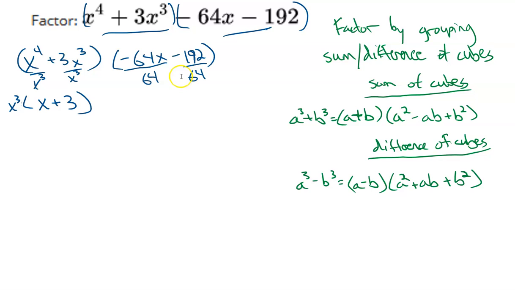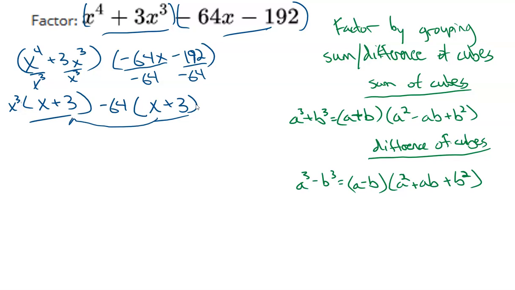But you have to notice, if I want a positive x and a positive 3, I need to divide by negative 64. So I'm going to pull a negative 64 to the outside and do my parentheses. I pulled this negative 64 out and I get x. Negative 64 over negative 64 is positive 1x. Negative 192 over negative 64 is positive 3. And if I did this right, I'm going to have twins right there.